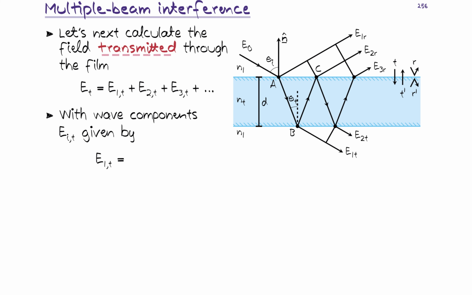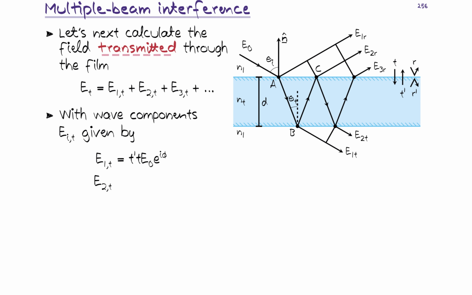The first ray of light is of a form where the incident light associated with the amplitude of E0 is transmitted once, and since it's transmitted from air into the thin film, we use the transmission coefficient T, and then from the thin film into air again, so we use T prime, and this indeed is the case. And then we have this exponent i phi term here, where this phi corresponds to the phase shift of light propagating from point A to point B.